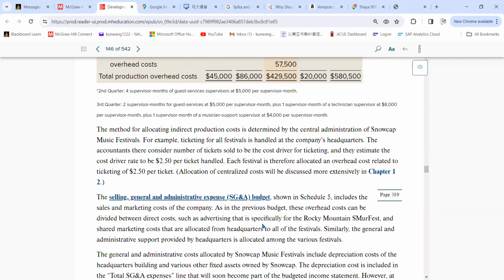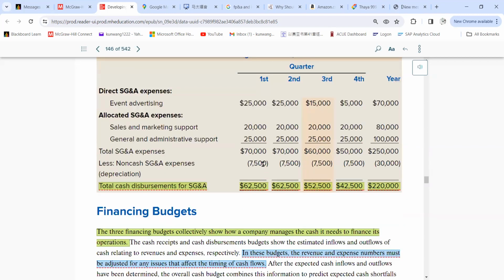But only for the SG&A, we already identified the non-cash expense. So you got the total expense that will be used in the income statement because of the accrual basis.